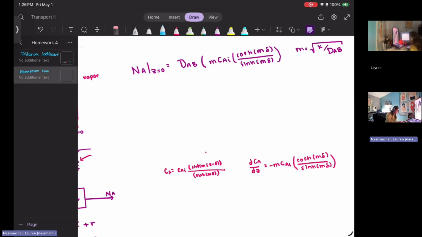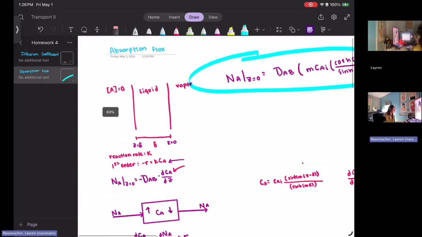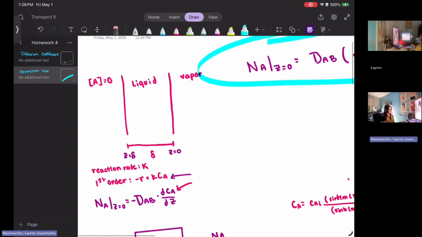And there's our final equation for a steady state absorption flux of gas A in a liquid film of thickness, whatever, while it goes to a place where the concentration of the gas is equal to 0.